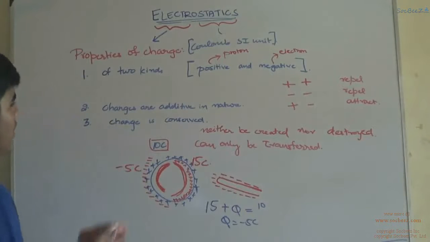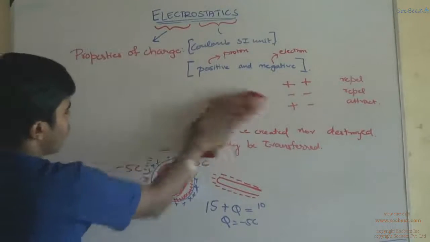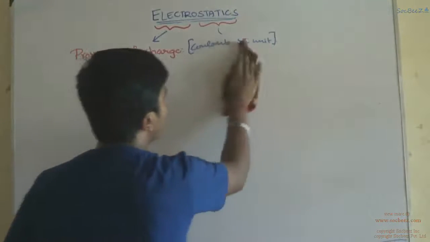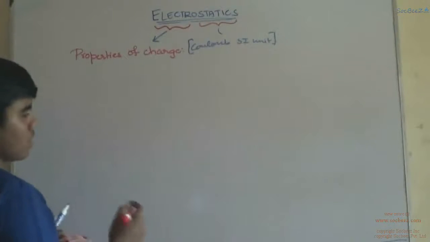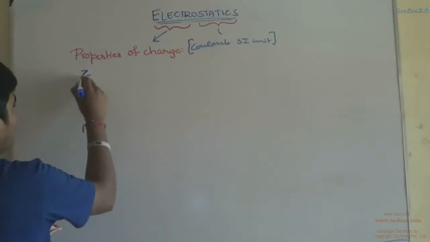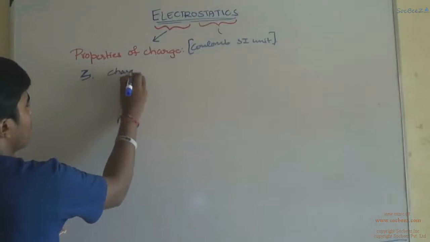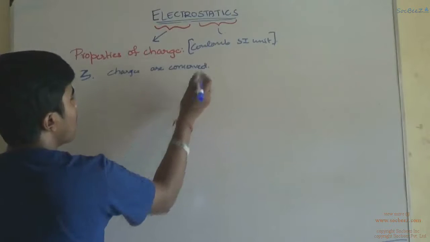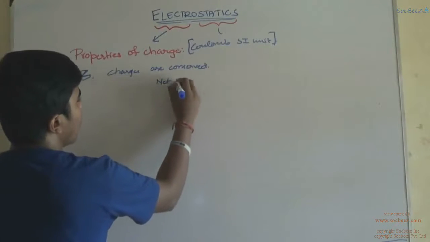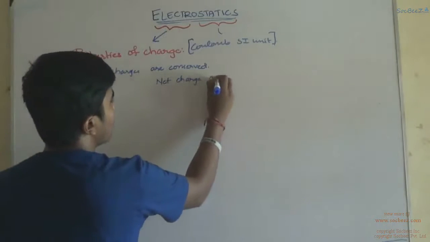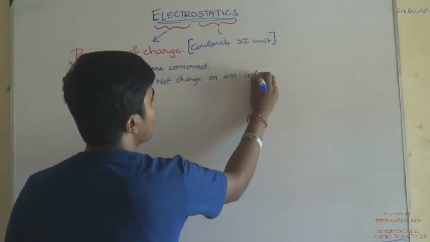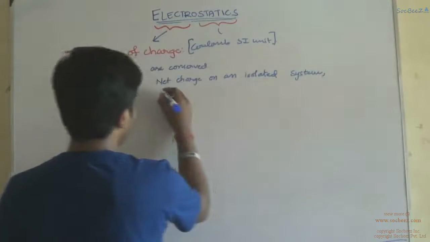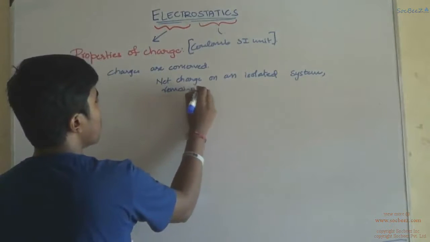Now the fourth property: an additional statement can be added to charges are conserved. Net charge on an isolated system remains the same.